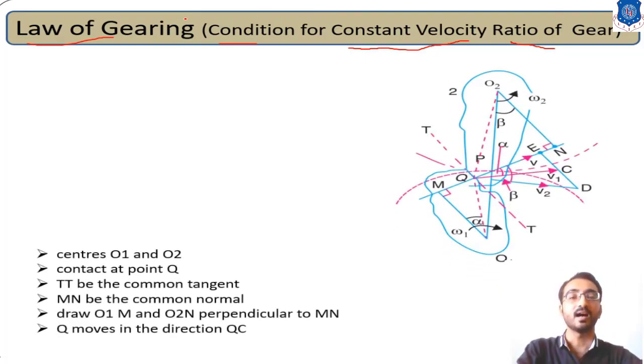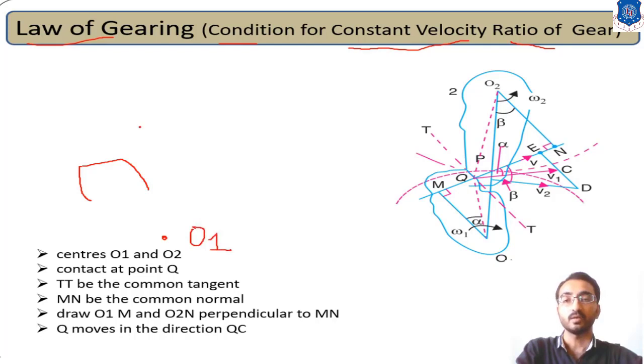Let's start with how it is derived. Let's sketch one gear, gear A, which has gear teeth with respect to its center point O1. This gear A is meshing with another gear, gear B, which is rotating about its center O2.